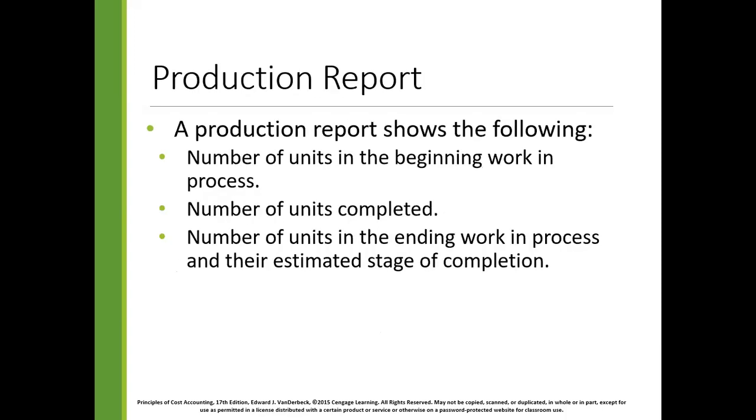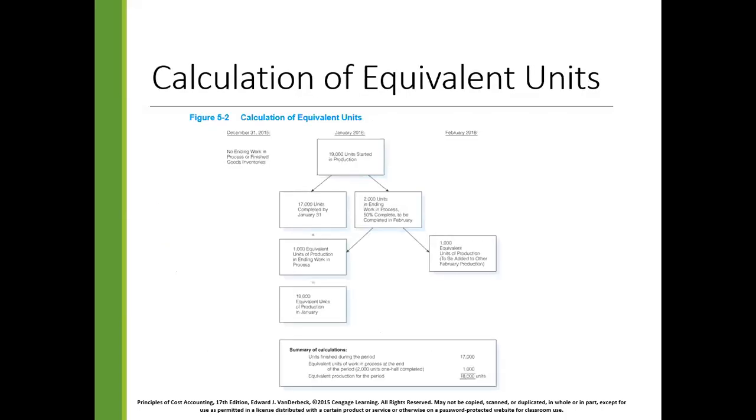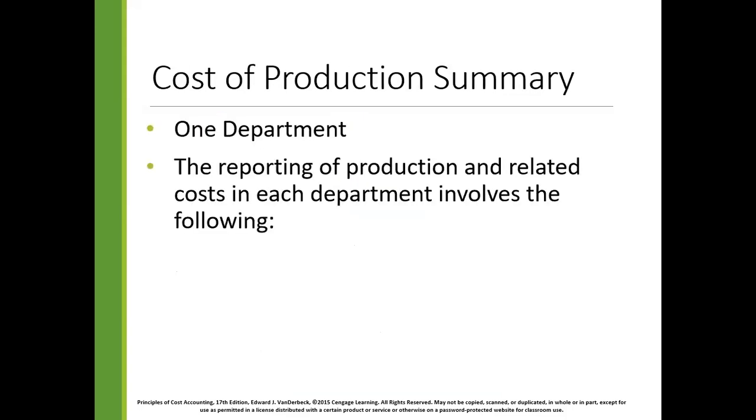Now, a production report shows the following: number of units in the beginning work in process, number of units completed, number of units in the ending work in process, and their estimated stage of completion. Calculation of equivalent units: we will have a problem to demonstrate how equivalent units is computed.